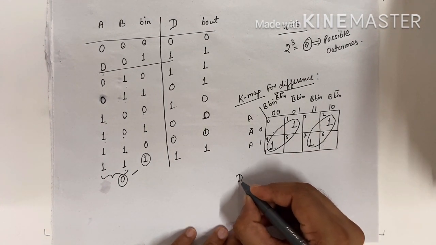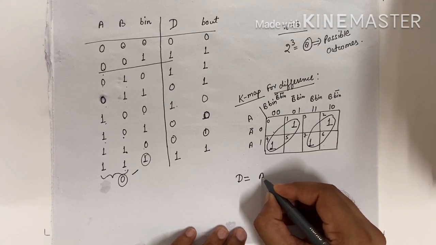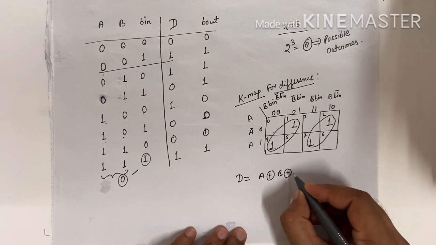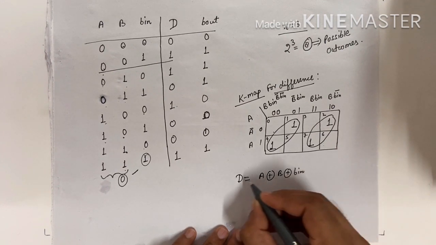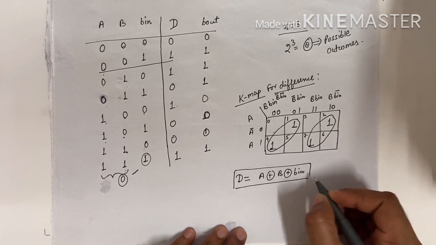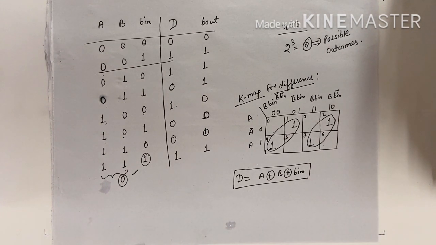So difference output is A XOR B XOR B input. This is the output of difference.